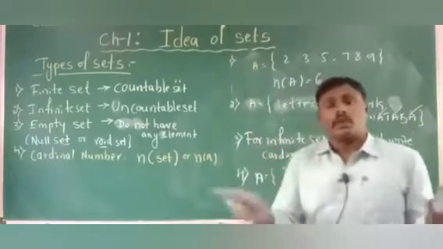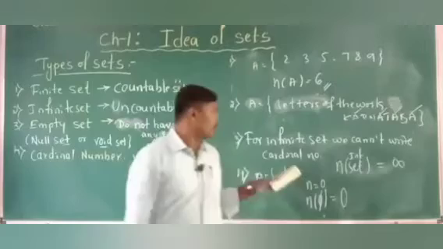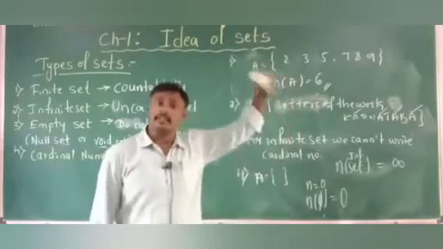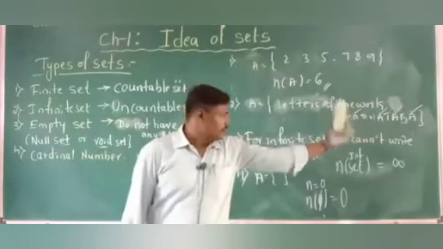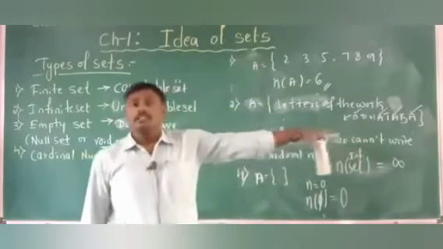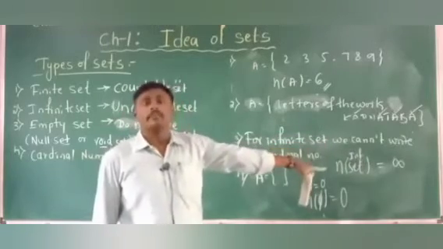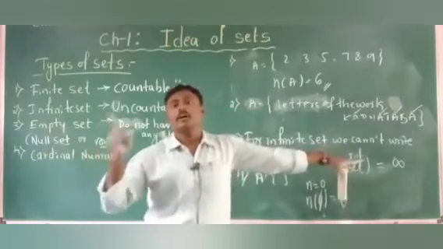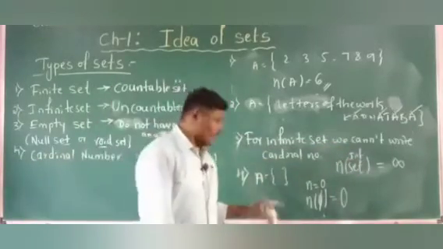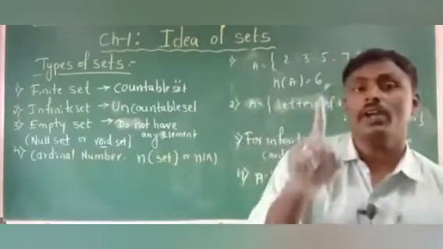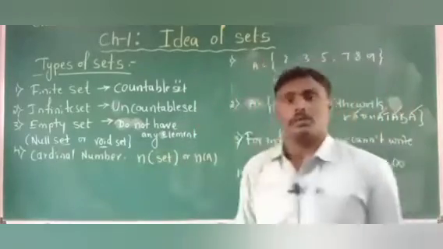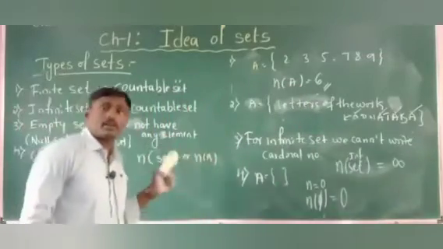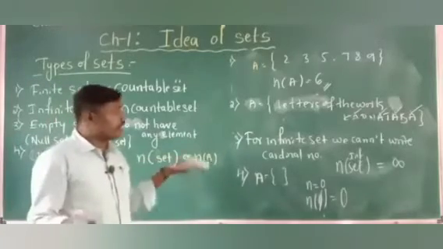The third one is that for an infinite set we cannot write any cardinal number, because that set has an infinite number of elements. If they ask what is the cardinal number of an infinite set, that is infinity, right? So we cannot count the number of elements in an infinite set. And the last, fourth one is that for every empty set the cardinal number becomes 0, because the empty set does not have any element. If a set does not have any element, we cannot write any cardinal number.